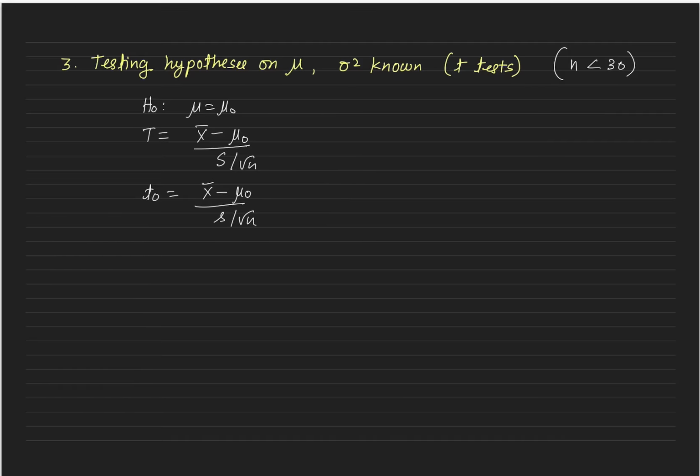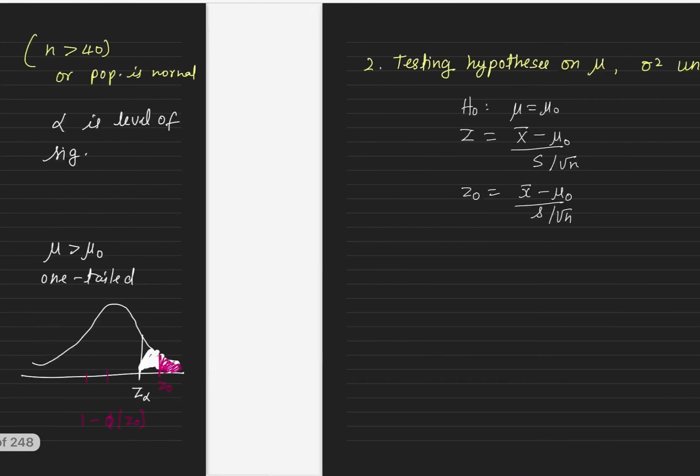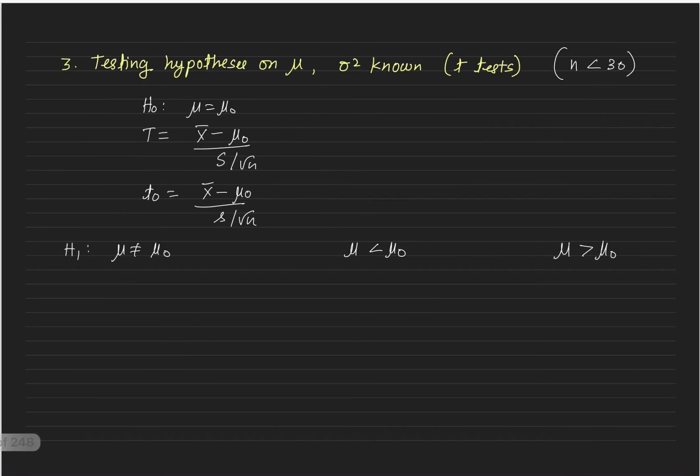Again, the next test depends on the alternate hypothesis: H1 is mu not equal to mu naught, mu less than mu naught, mu greater than mu naught. Now, S is the same as this, but we use the T distribution instead of the Z distribution.